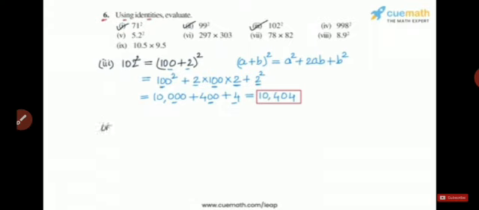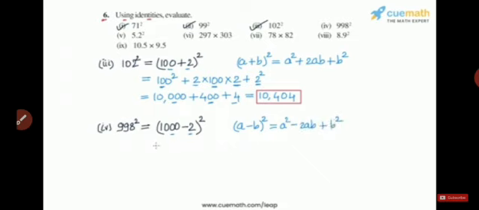Now fourth part is 998 square. We write it as 1000 minus 2 whole square and write it as a minus b whole square. We apply the formula a minus b whole square, that is equal to a² minus 2ab plus b². Here a is 1000 and b is 2.